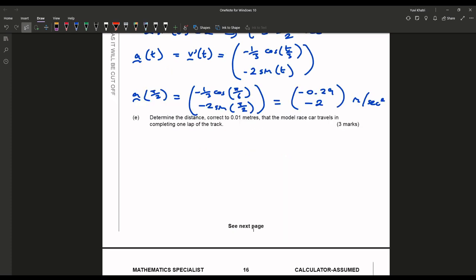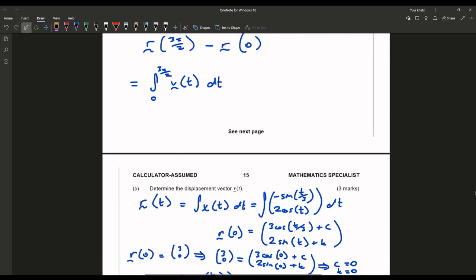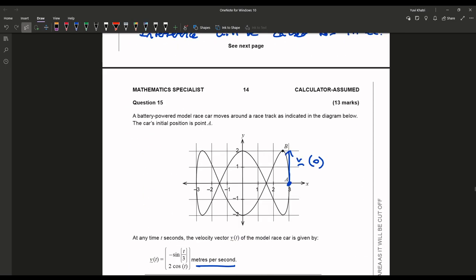Now part E says, determine the distance correct to 0.01 meters that the model race car travels in completing one lap of the track. So if we come back up here, we know that the car travels around the track, and when it gets back to the start, we want the distance it's traveled.